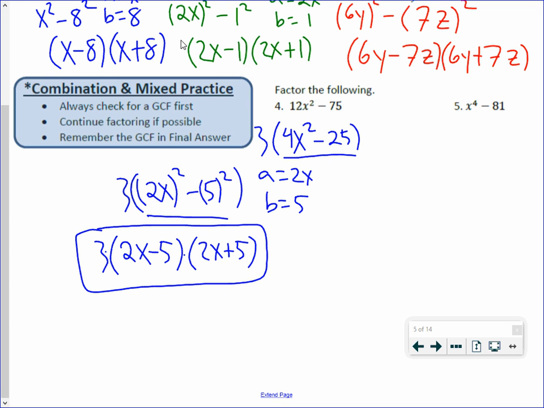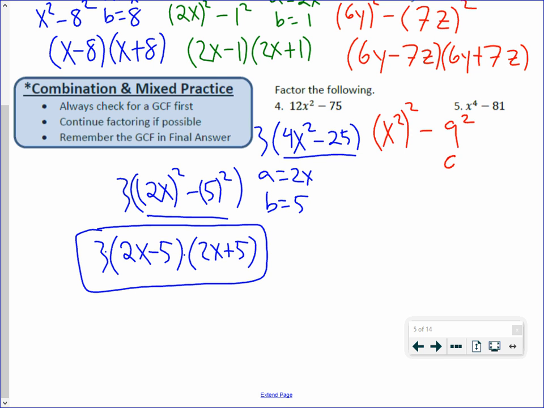All right, and for number 5, what we're going to do here is change this into a difference of squares. So x to the 4th is the same thing as x squared all squared. And 81 is the same thing as 9 squared. So we're going to do a difference of squares here, since we have a squared minus b squared.